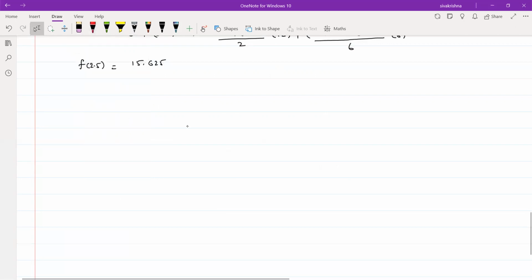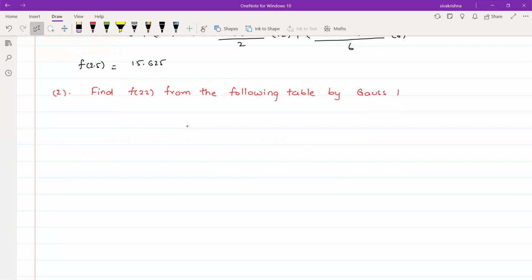Write the second problem. Find f of 22 from the following table by Gauss forward formula.